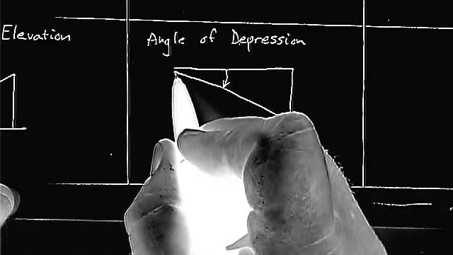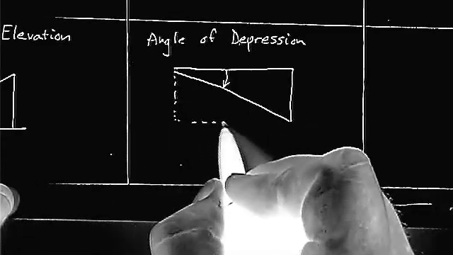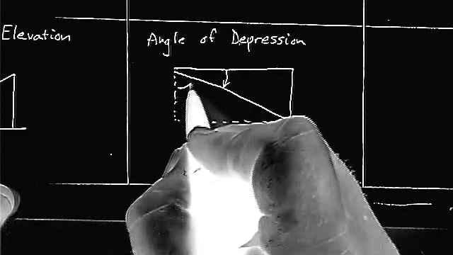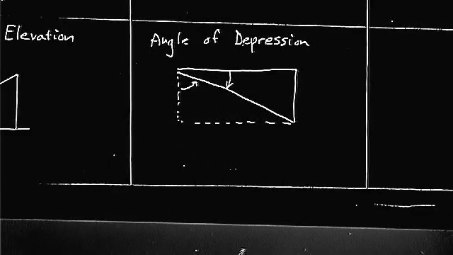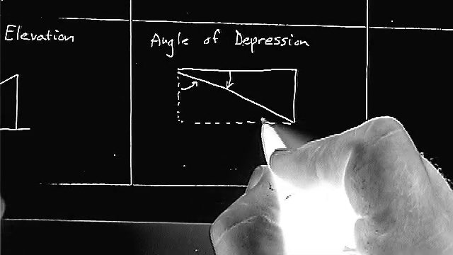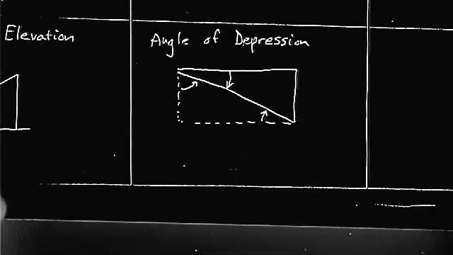Sometimes I get kids that start drawing a triangle like this one right here, and they measure this as the angle of depression. Don't do that. Wouldn't that be the angle of elevation? Is it measured from the horizontal up? No. This would be the angle of elevation.